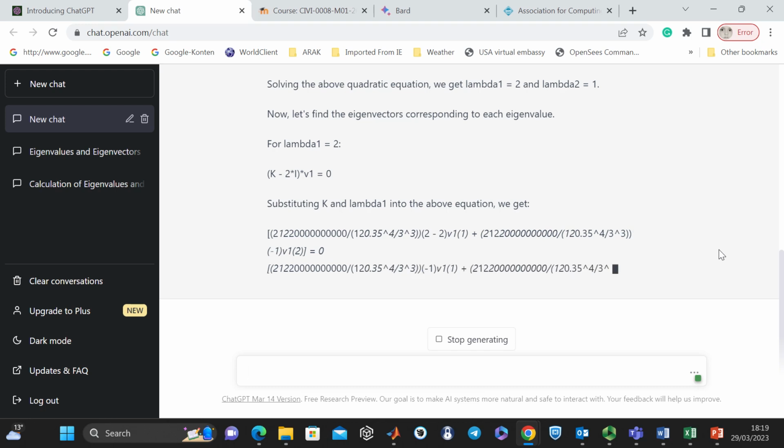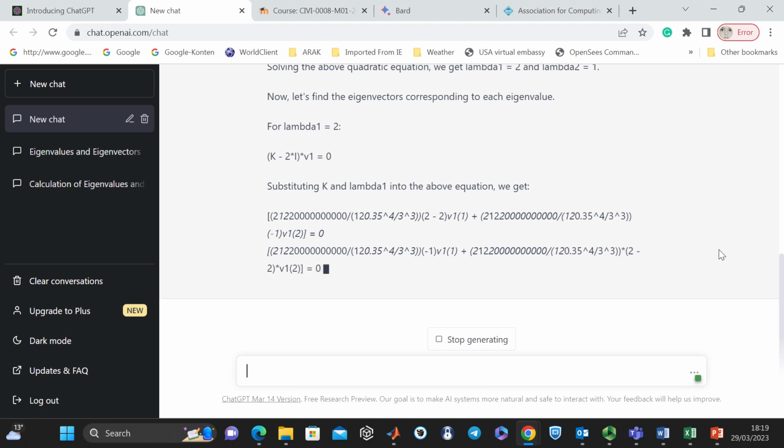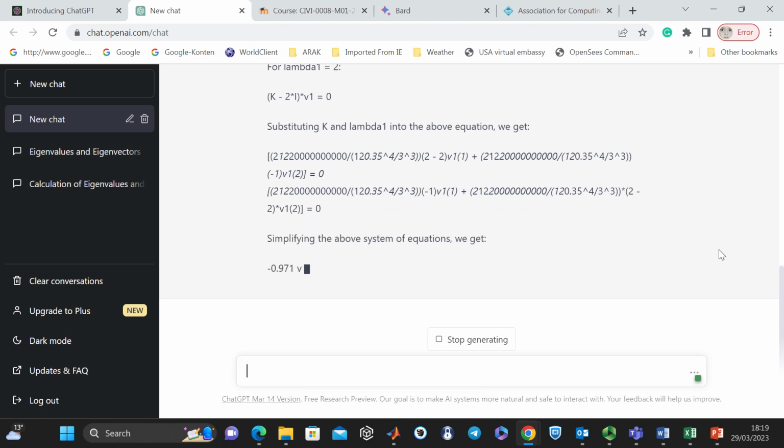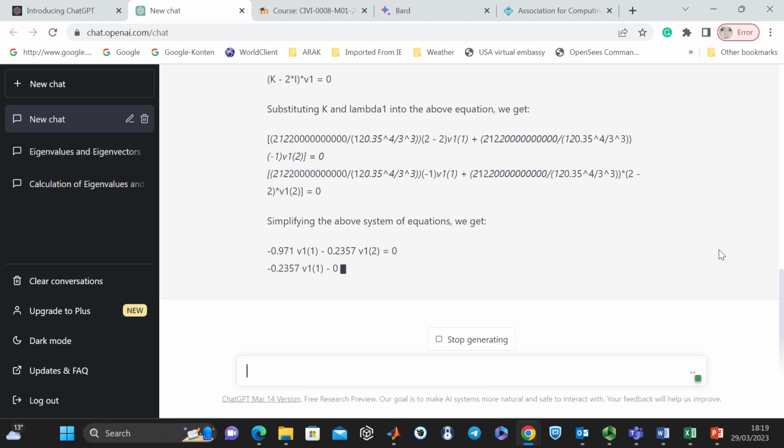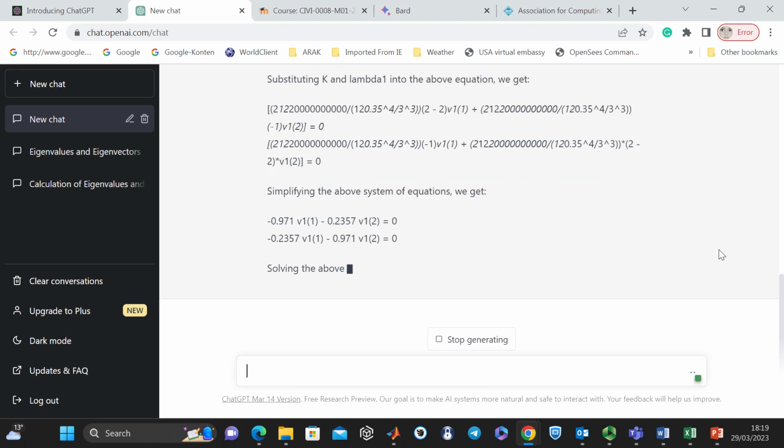However, after all of these calculations, you can see it will come up with a wrong solution at the end.